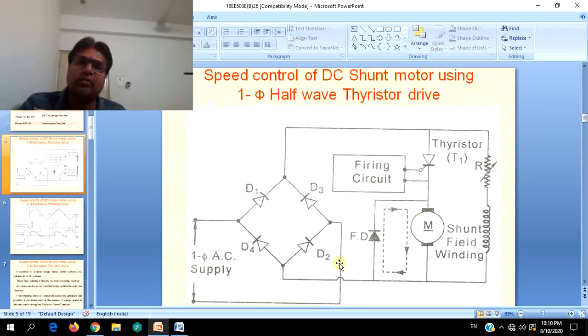And the control aspects we have for a DC shunt motor are that we can control the speed by using field flux, or by using the voltage applied across the armature, or by changing the total applied voltage to the motor, that is, supply voltage control.